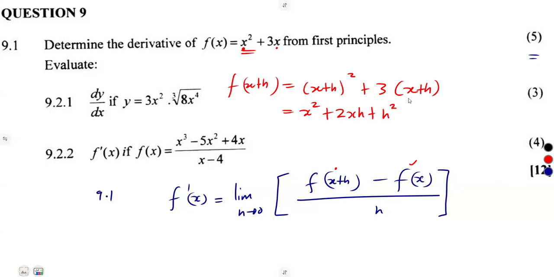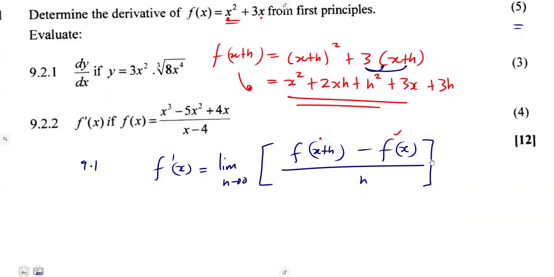Then we expand the second bracket by positive 3. Positive 3 times x, positive 3x. Then 3 is going to multiply h, which is positive 3h. So we do not have like terms here. So that is our f of x plus h as it is. Substitute into the formula. Then you can simplify further.